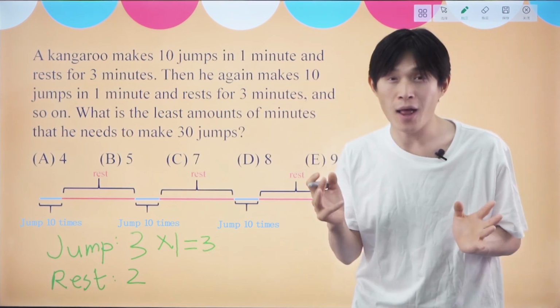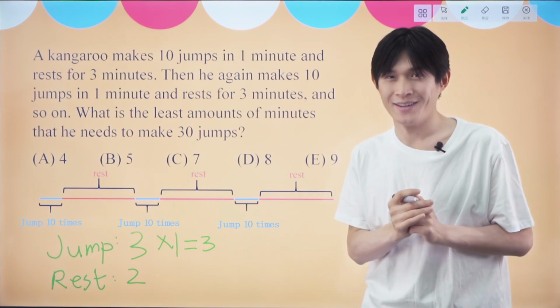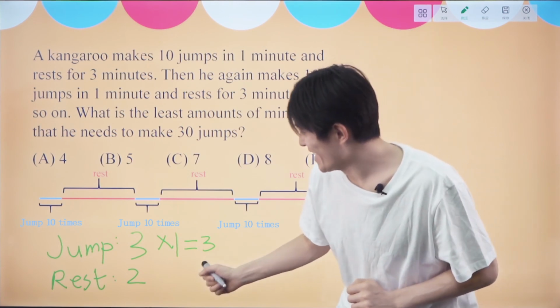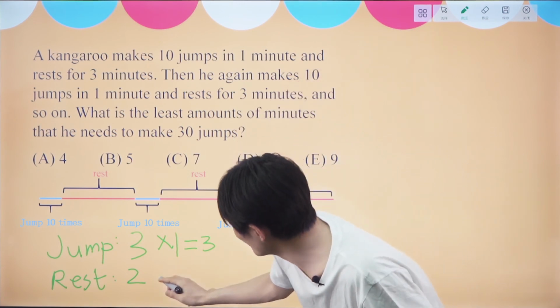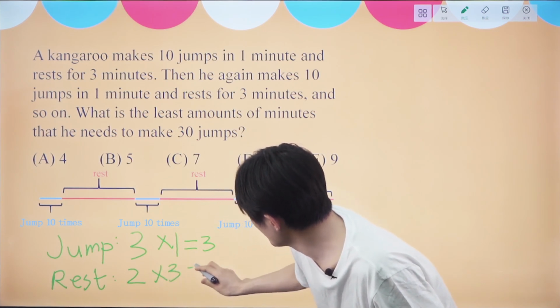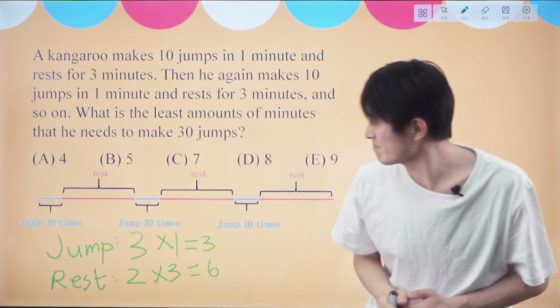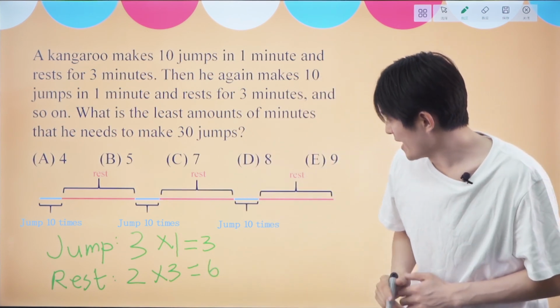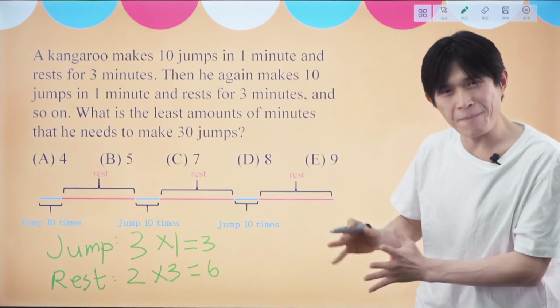And how long does each rest last? 3 minutes. So we have 2 rests. So 2 times 3 is 6. And then we'll add them up.